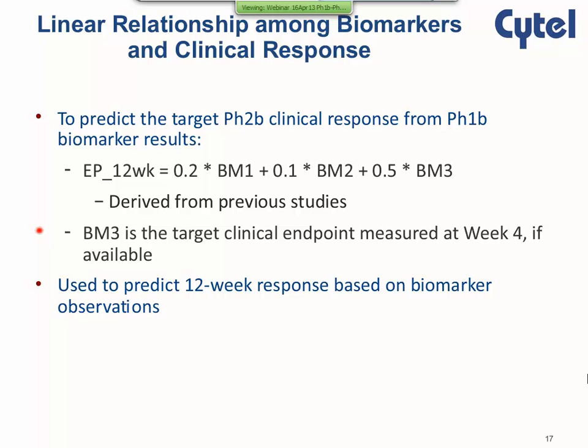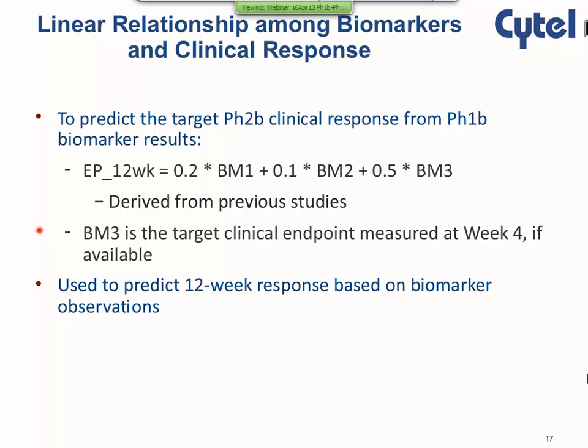So the aim was to compare whether it was worth doing a longer-term phase 1B trial to get an early read on the clinical endpoint and see if that would be useful in the dose selection process for phase 2B.